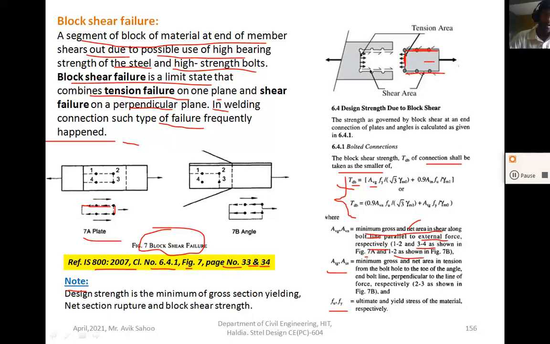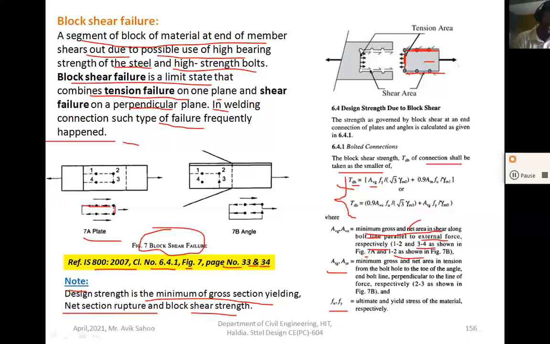Note, design strength is the minimum of gross section yielding, net section rupture and block shear strength. So to find the design tensile capacity of the member, you have to determine the gross section yielding strength, also the net section rupture strength, and also the block shear strength.